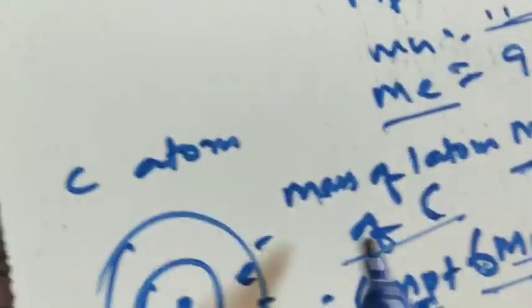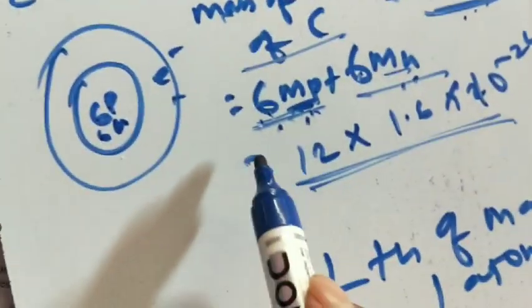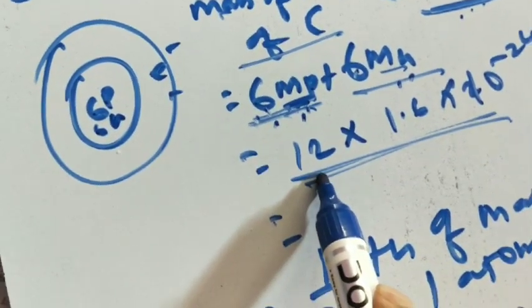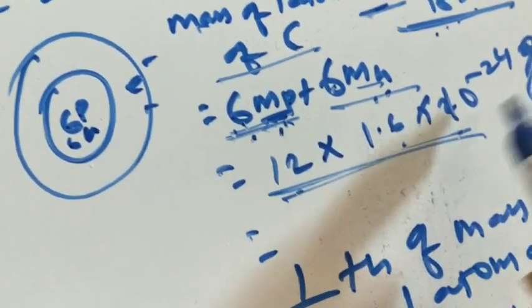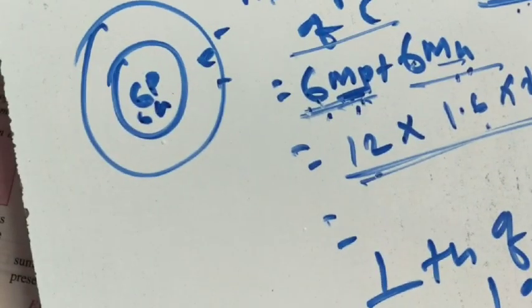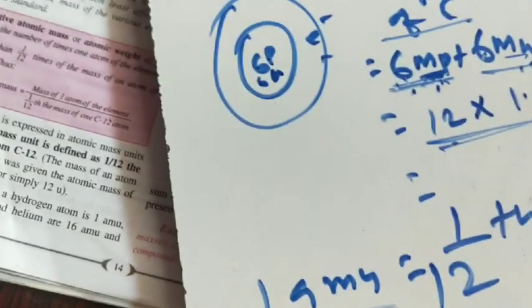Relative atomic mass, according to the definition, means: what is 1 amu? 1 amu is equal to 1 by 12th of the mass of one atom of carbon. This question may be asked in your exam: what is 1 amu?